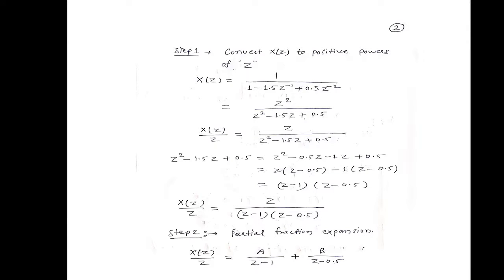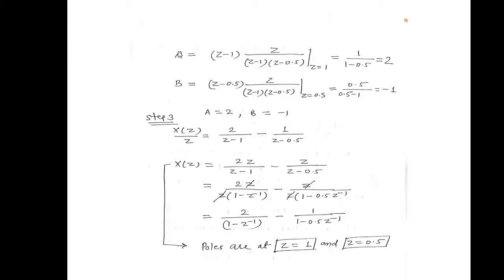This is step number 2: partial fraction expansion will be used for the solution of the inverse Z transform. So we can have the expression X of z upon z equal to constant A upon z minus 1 plus constant B upon z minus 0.5.